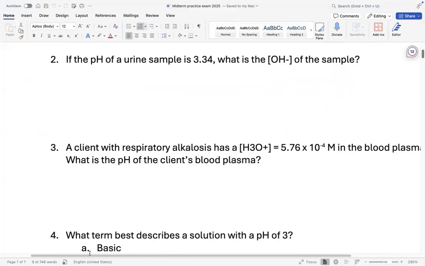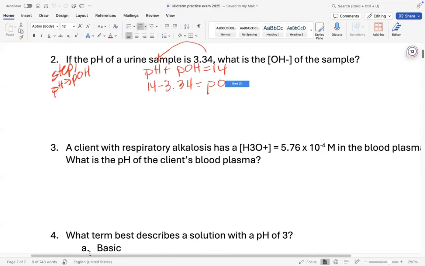Okay. So, step 1, we want to go from pH to POH. All right. So that formula is pH plus POH equals 14. We have our pH, so I'm going to go ahead and plug that in. So 14 minus our pH. So I plugged it in and manipulated the formula at the same time. So 14 minus 3.34 would give us our POH.